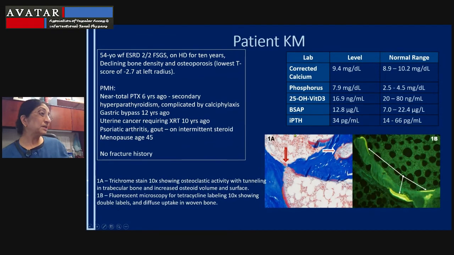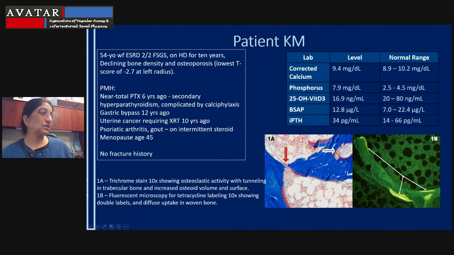However, the biopsy came as a surprise, and here to orient you again, the blue part is the mineralized bone, and this cellular part is the marrow. Here you're able to see that there is ample osteoid in the red that is being deposited, showing evidence of bone formation, as well as large osteoclasts carrying out their resorptive activity.